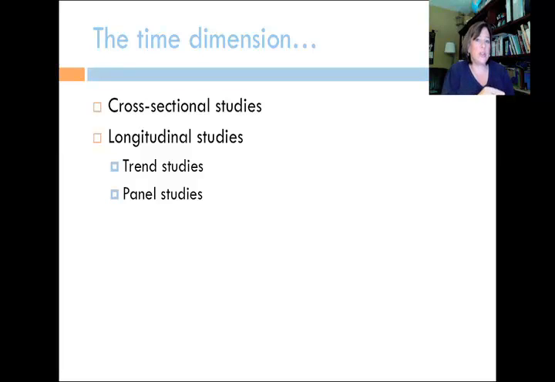When you look at longitudinal studies, you're looking at individuals over time, or groups of individuals over time. That's what longitudinal means. So with cross-sectional, this is a snapshot, one point in time.